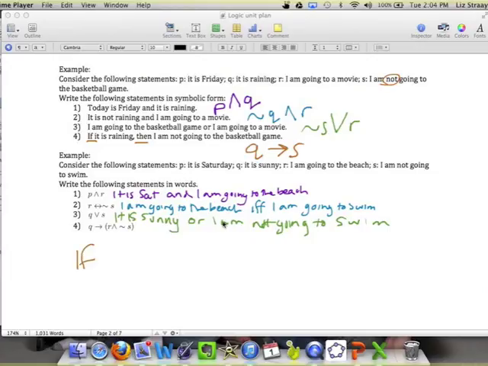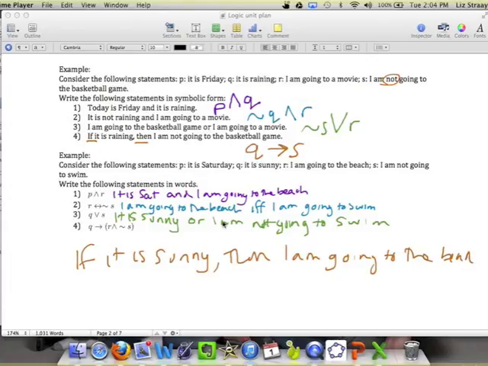So we need to say if Q, so it is sunny, then R, which is I am going to the beach, upward pointing mountain, and not S. S already has a not in it, so we're just going to say I am going to swim. Questions?